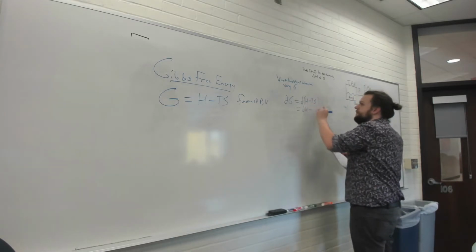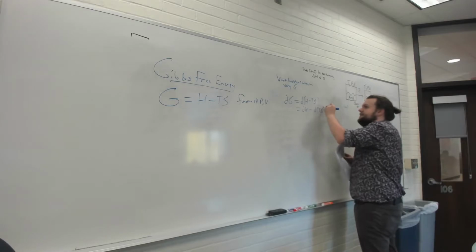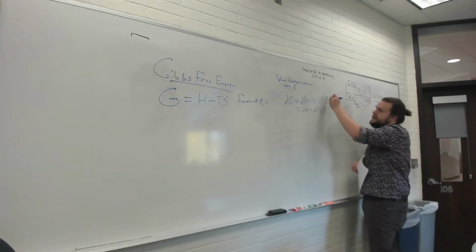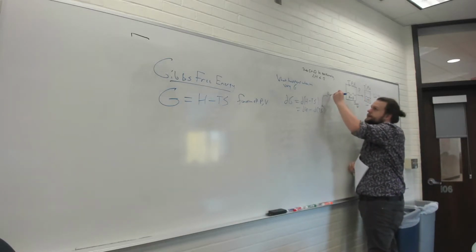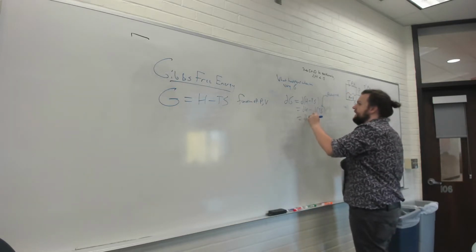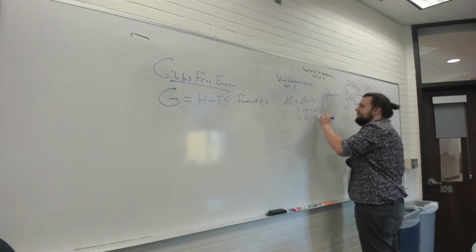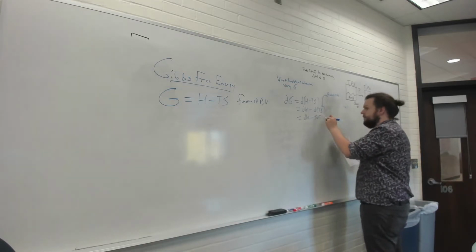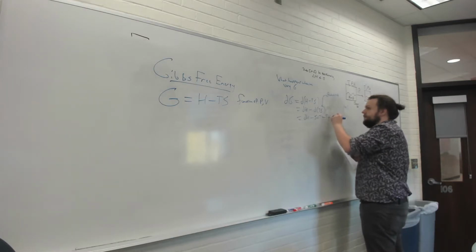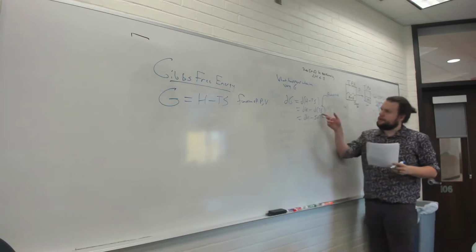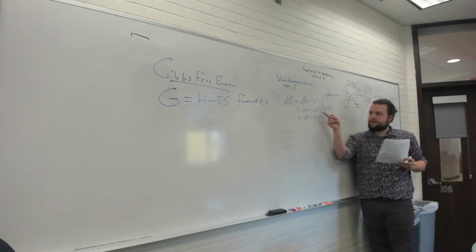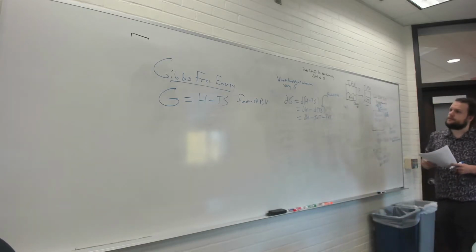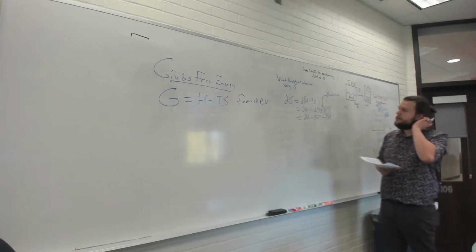Of course, it's the derivative of H minus the derivative of T times S. Just as a hint, you have to take the product rule here, which is dH minus S dT minus T dS, right? You take the derivative of one, multiply it by the other, and then take the derivative of the other, multiply it by the other variable. S dT minus T dS.